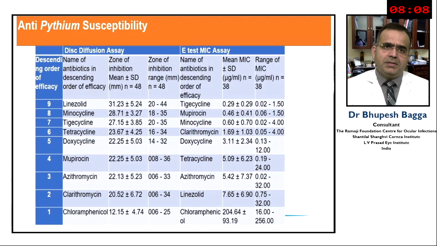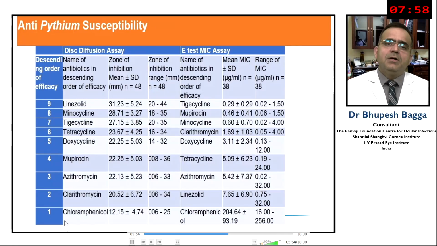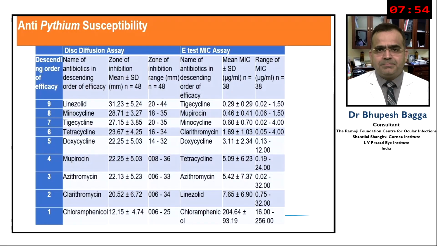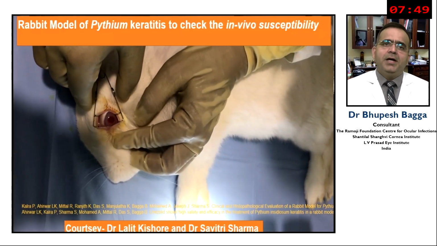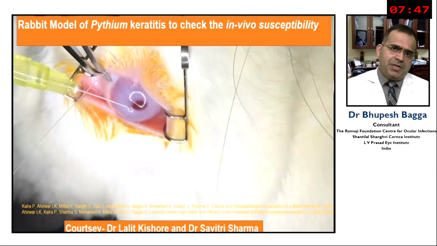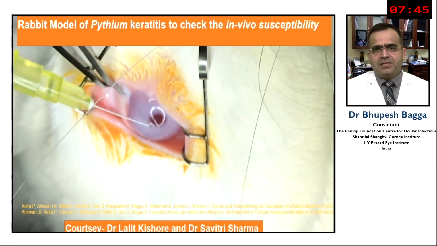We did a trial of anti-Pythium susceptibility in our lab, where we found that linezolid, minocycline, tigecycline, followed by others, erythromycin, were showing susceptibility against Pythium. So based upon that trial, we made a challenging rabbit model of Pythium keratitis.